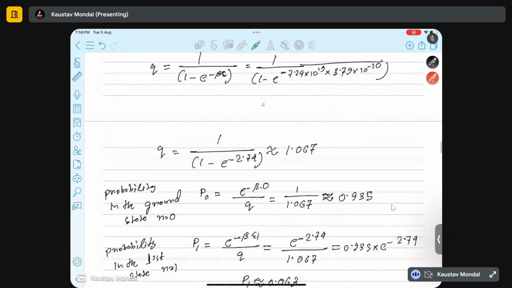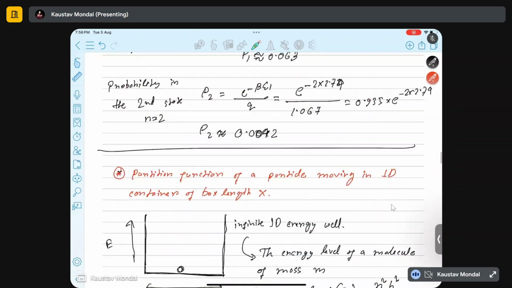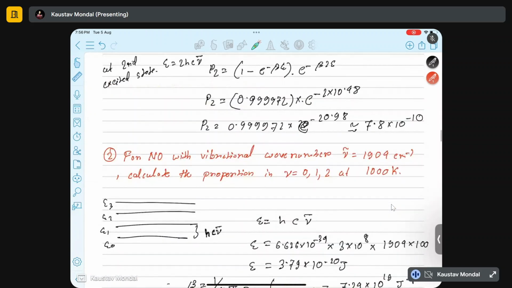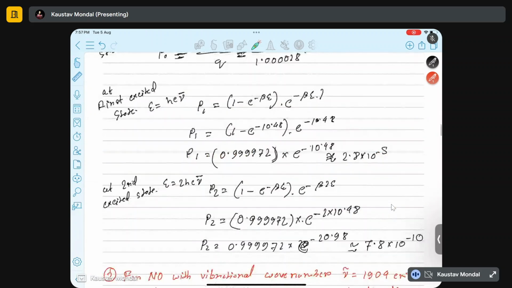We calculated the probabilities at different energy states, and we have shown that if you increase the temperature, the system will shift towards higher and higher vibrational energy states. That is only true at higher temperature.